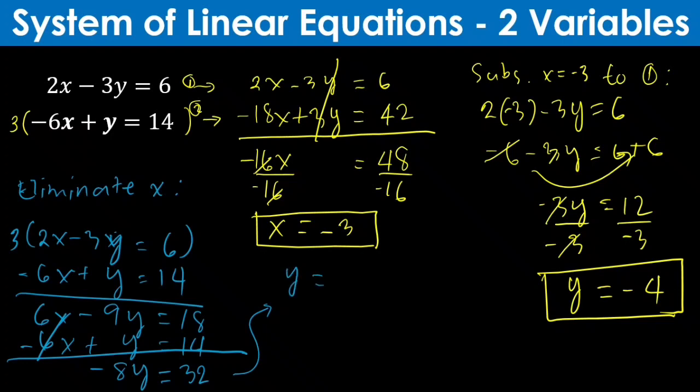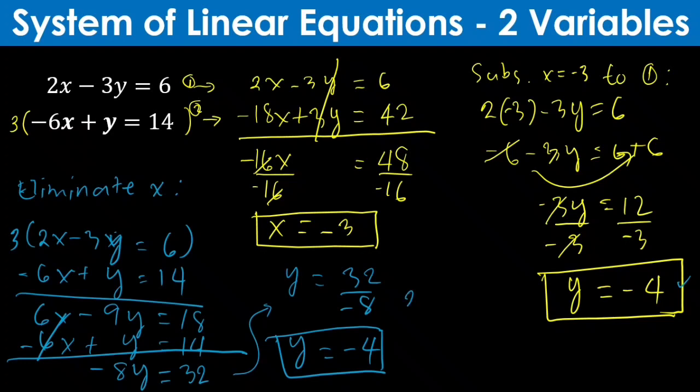So y equals 32 over -8. Y equals -4. So we get the value of our y the same as that. Now we can substitute y equals -4 to any of the equations. So suppose let's use the equation 1.